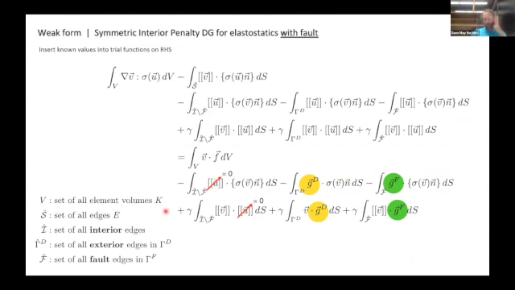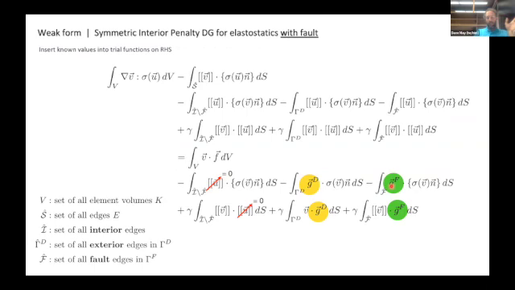So as before, continuity of the displacement off the fault, Dirichlet data here, and our slip constraint given by the friction law, rate and state friction GF, goes in here, okay?